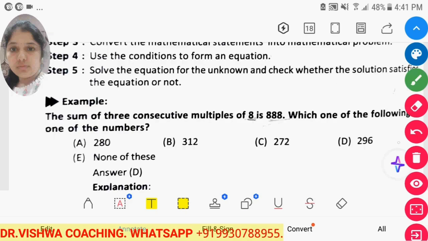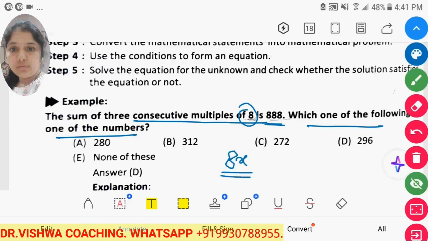The sum of three consecutive multiples of 8 is 888. Which one of the following is that number? So suppose the first multiple of 8 is 8x.